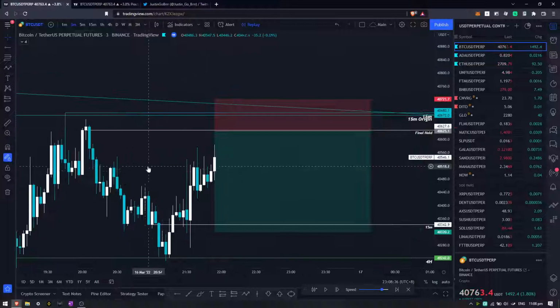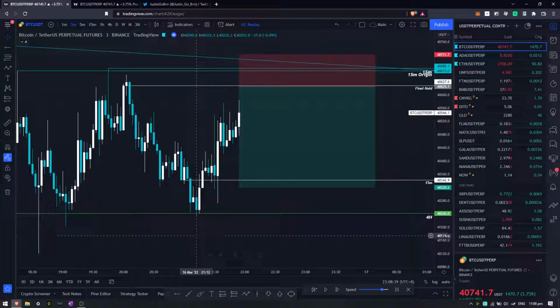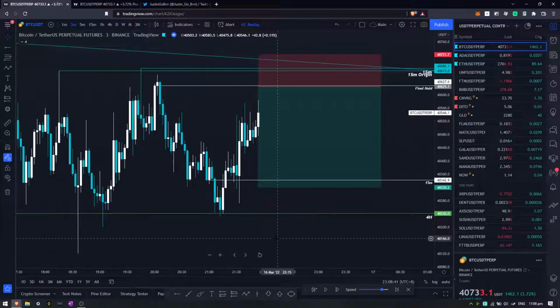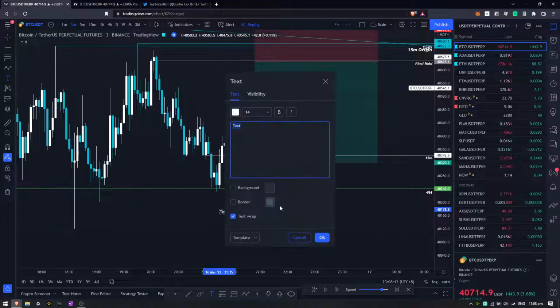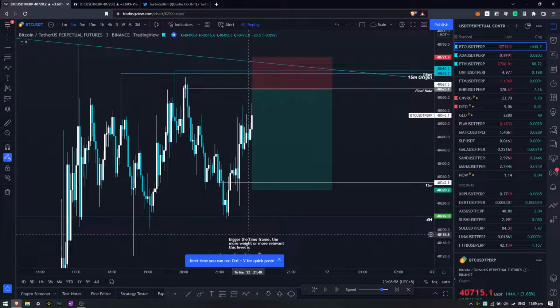Pretty funny. So what I should have seen was this. Something to take note of here is the bigger the time frame, the more weight, the more relevant this level is.